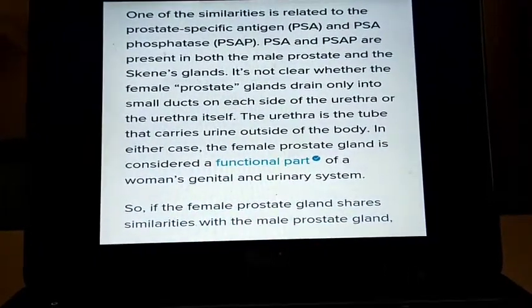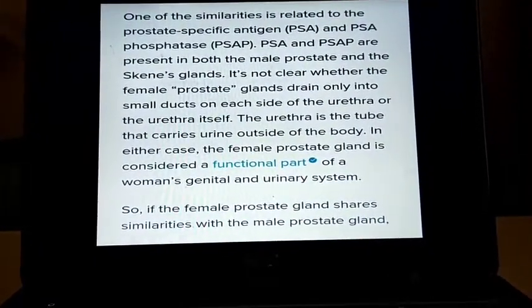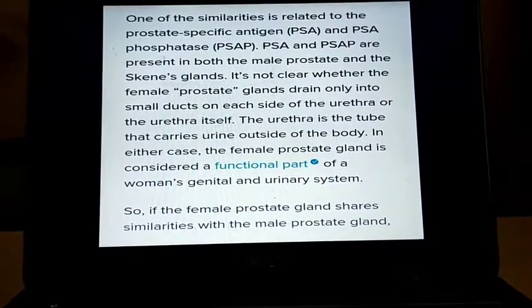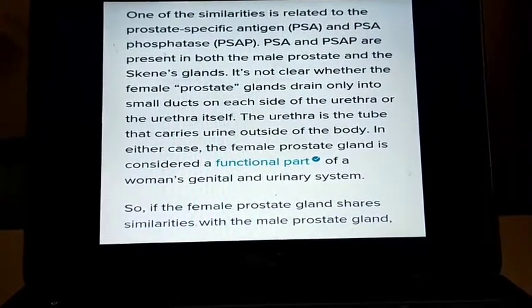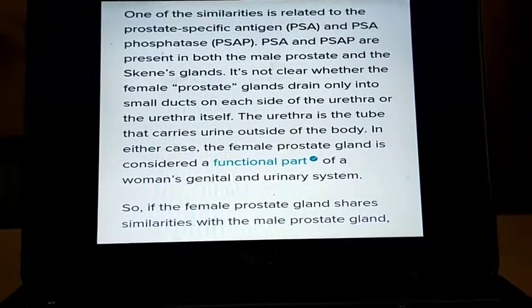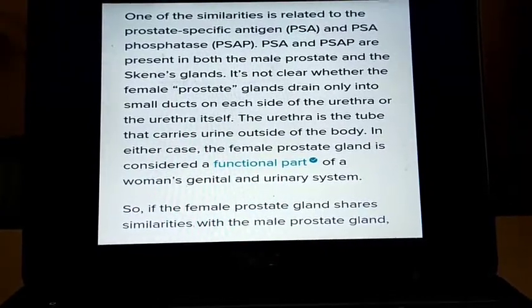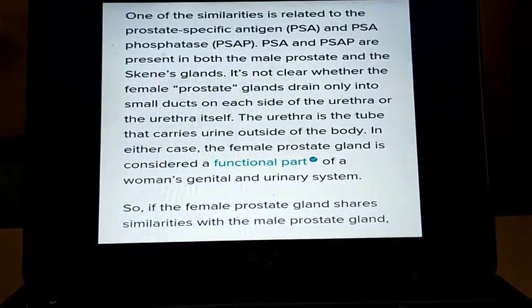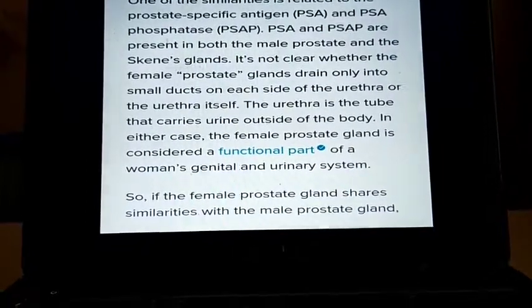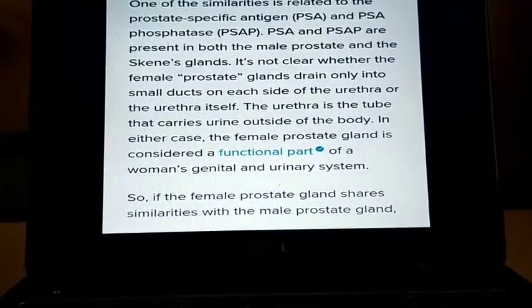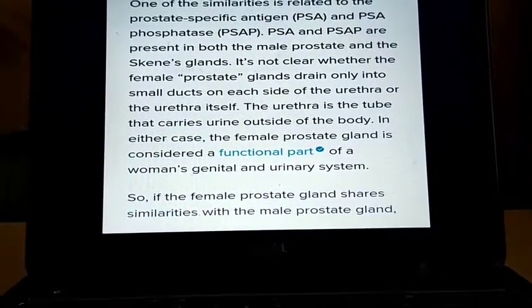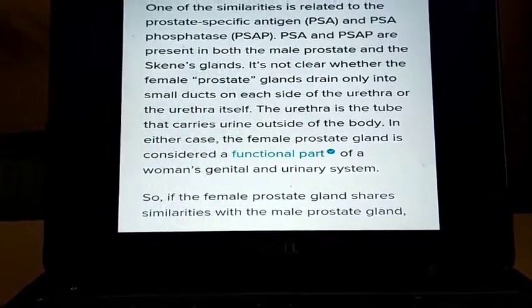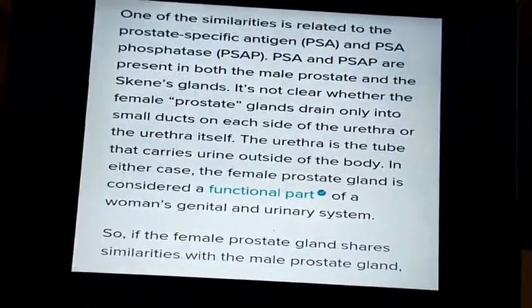The urethra is the tube that carries urine outside the body. In either case, the female prostatic gland is considered a functional part of a woman's genital and urinary system. So the female prostate gland shares similarities with the male prostatic gland.